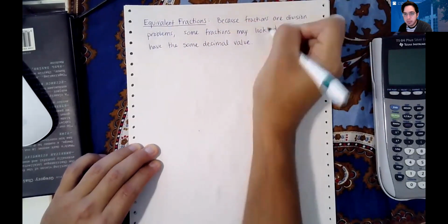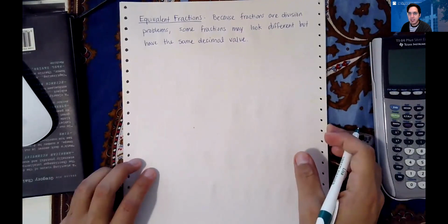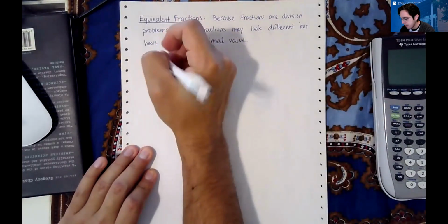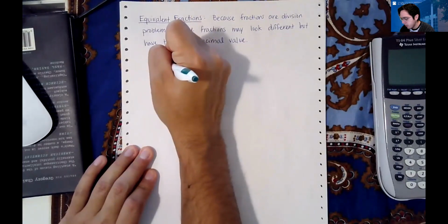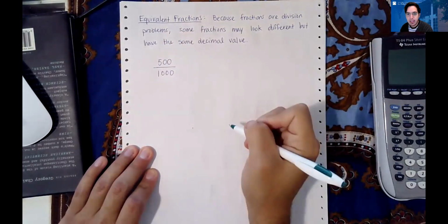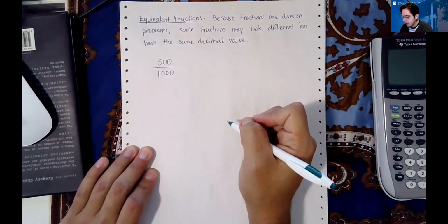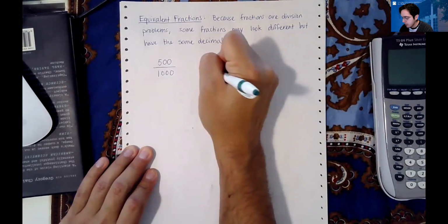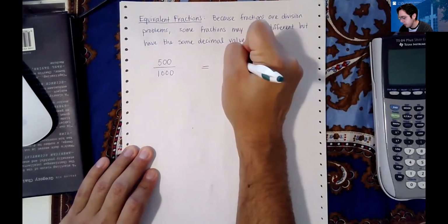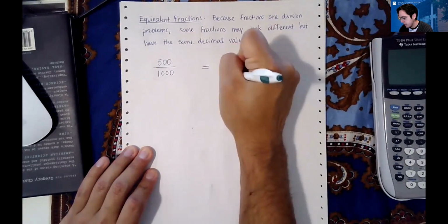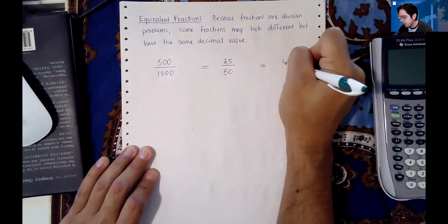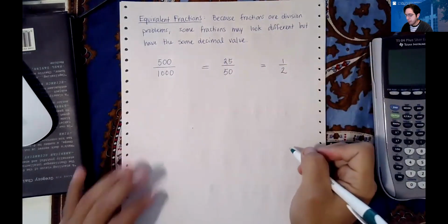So you could think of them as being worth the same amount. Okay, so if I were to look at, let's say, 500 over 1,000, it turns out that that is equal to, let's go with 25 over 50. And that is also equal to 1/2.